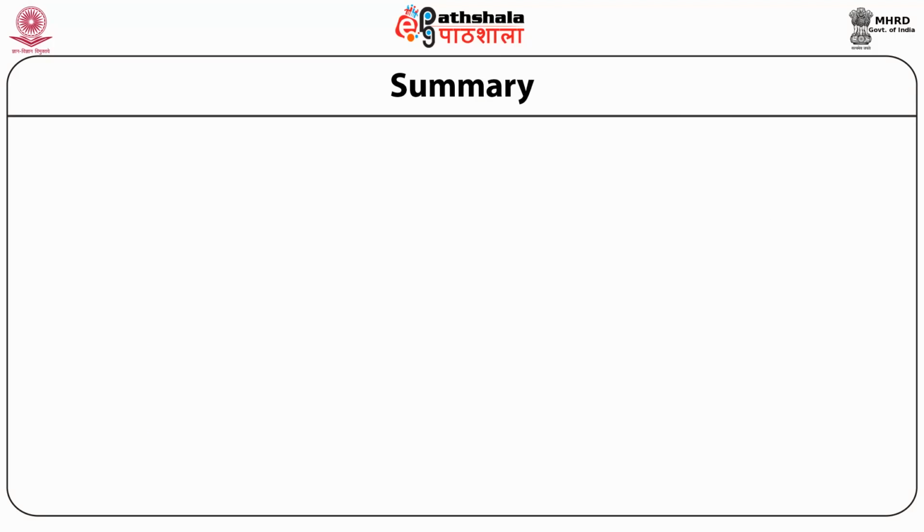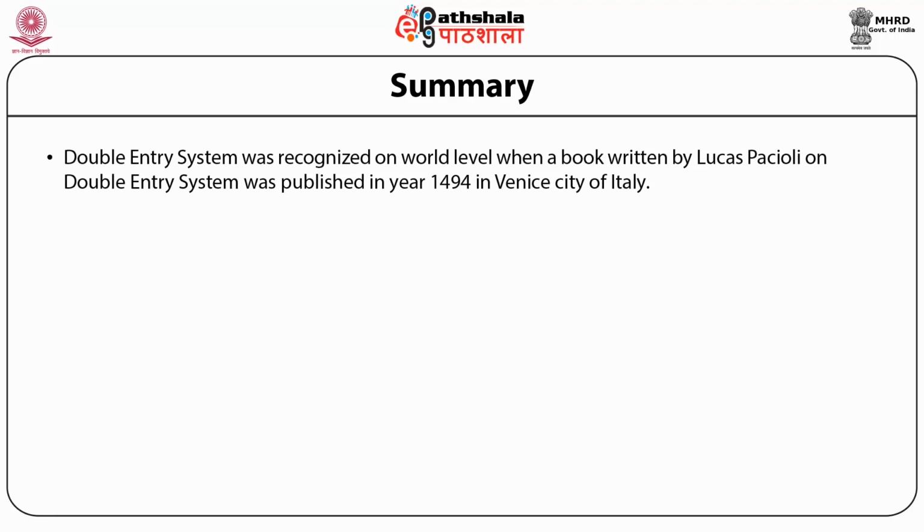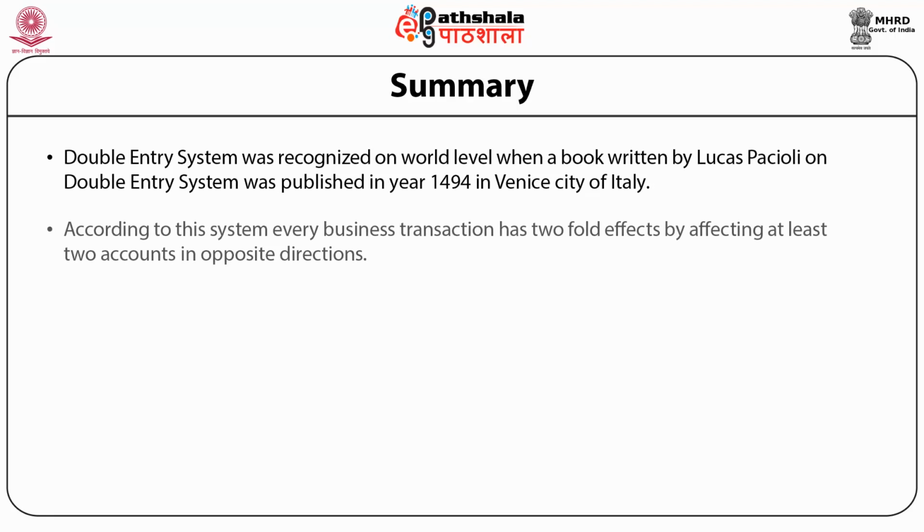Now let us summarize what we have learned out of this module. We have learned the double entry system, and we have seen that according to the double entry system, every transaction has twofold effect by affecting at least two accounts in opposite direction, positive and negative.